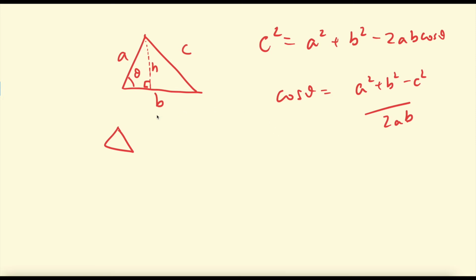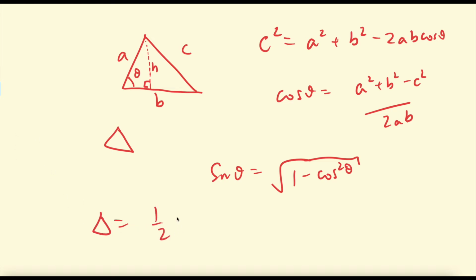Now we have sine theta is equal to root 1 minus cos square theta, and we also have that delta is equal to 1 by 2 ab sine theta. Now why, you might ask? Because h is equal to a into sine theta, and half into base into height is the area.